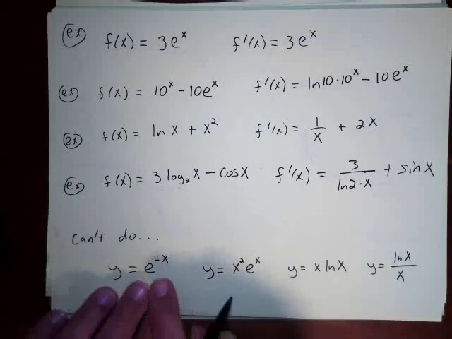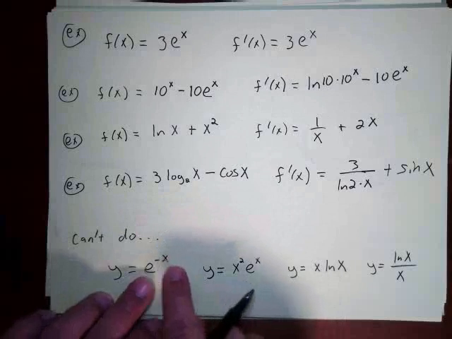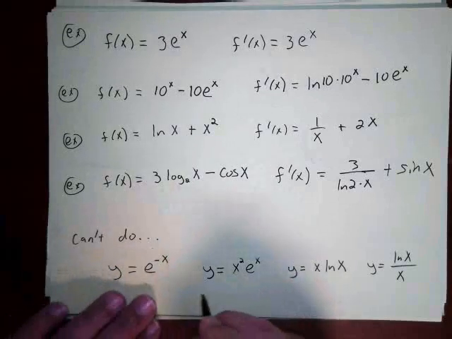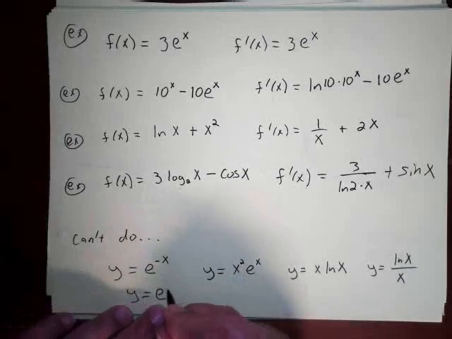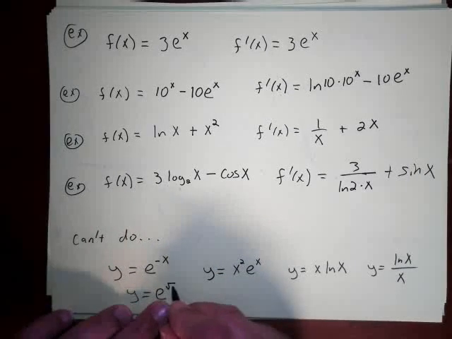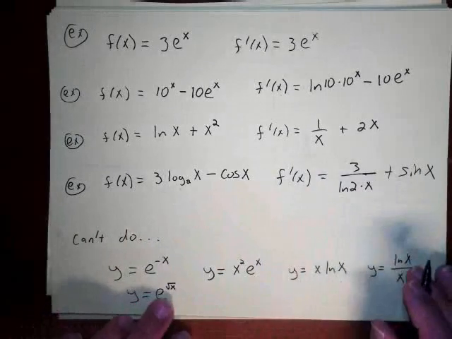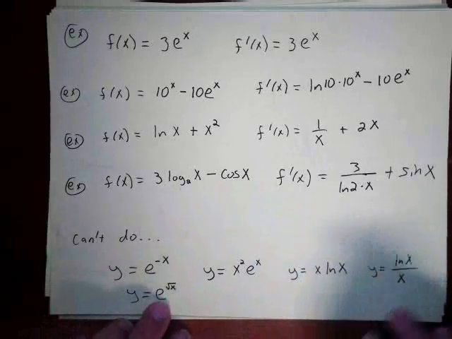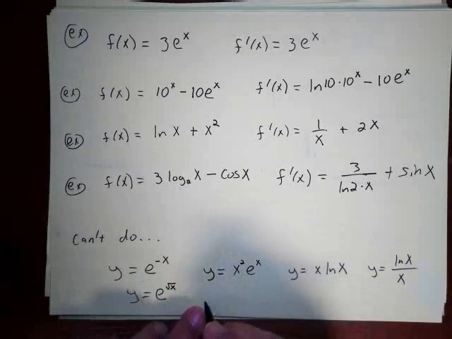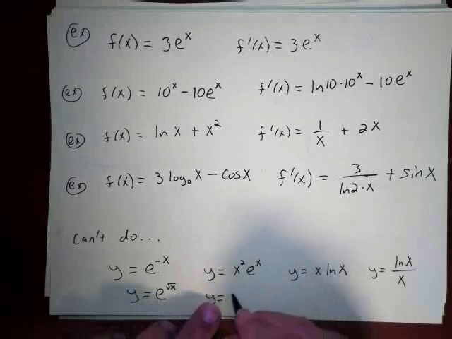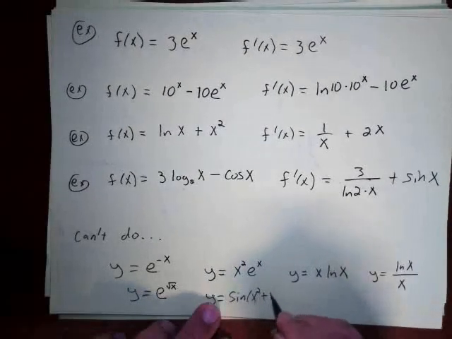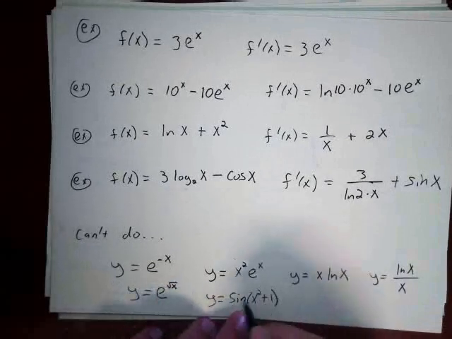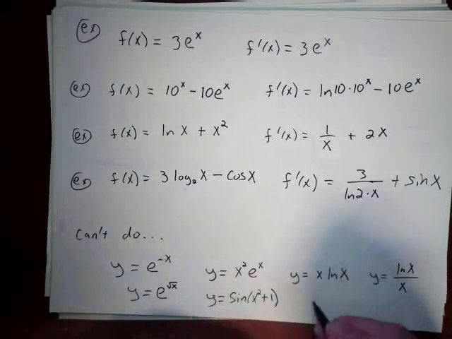So all of these things. This one is a function inside another one. So I couldn't do something like this. If I had like y equals e to the square root of x. Okay, this is a function inside, a composition of two functions. I couldn't do something like sine of x squared plus 1, because here I'm putting one function inside another function.